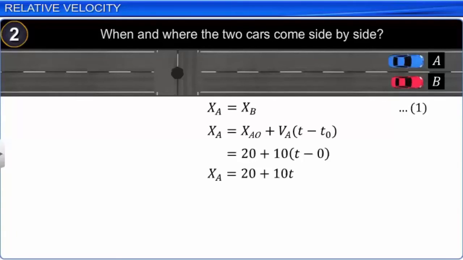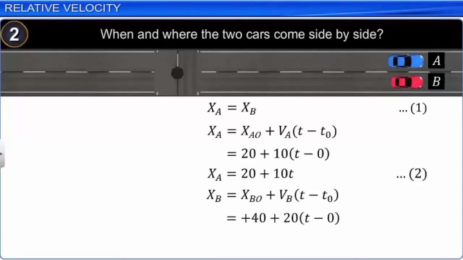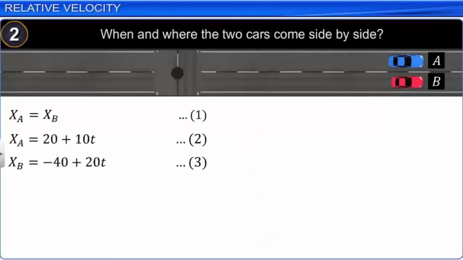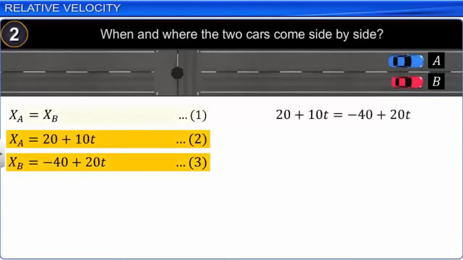Similarly, XB is equal to XBO plus VB into T minus T naught. By substituting and simplifying, we get XB equal to minus 40 plus 20T. This is equation 3. Substituting equations 2 and 3 in equation 1, on further simplifying, we get T equal to 6 seconds.